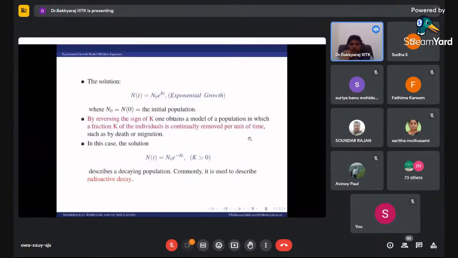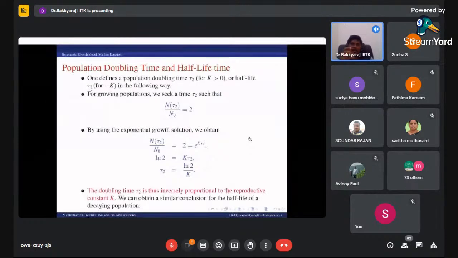Now this is a subsequent idea. You can find the doubling rate or the doubling time or half-life time. If you consider growth models, how much time is required so that the initial population will double? That is called the doubling period. You need to find the delta t such that it becomes 2 times N naught.